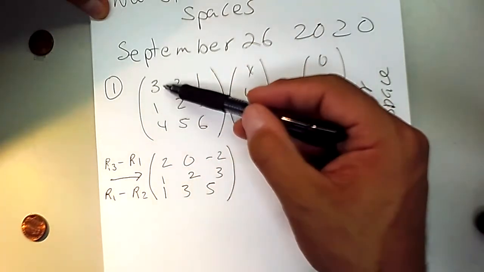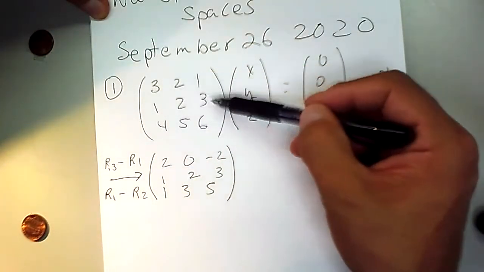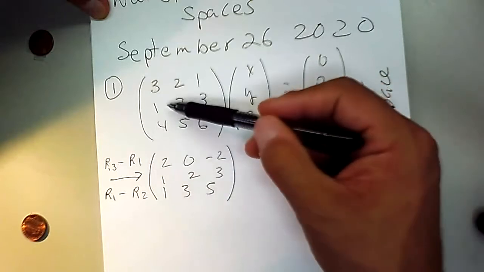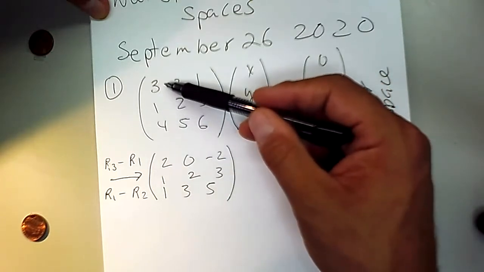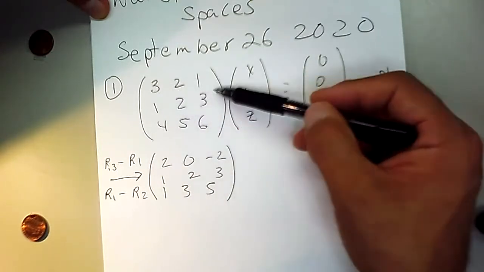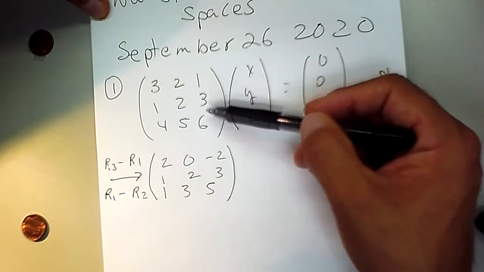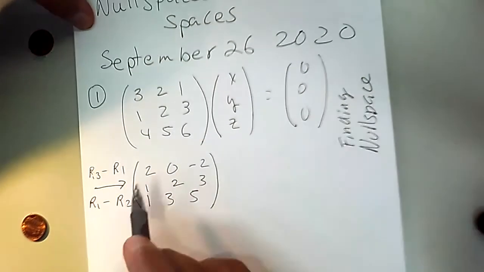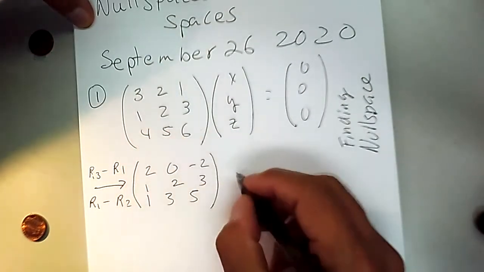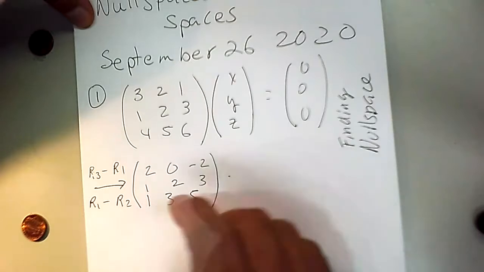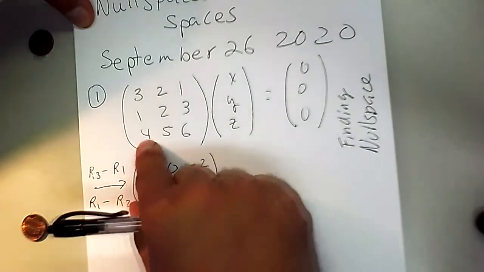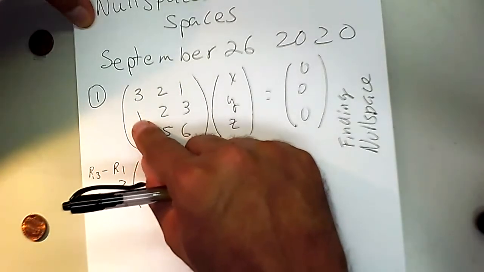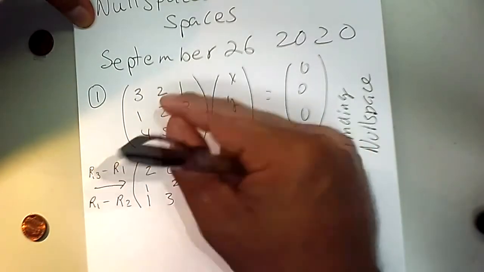So let me double check: 1, 3, 5, and then 2, 0, negative 2, and then 1, 2, 3. I don't think it was really necessary to do that. I'm picking this entry as our pivot, although I guess I could have used this one. Maybe I should have, but that's all right.